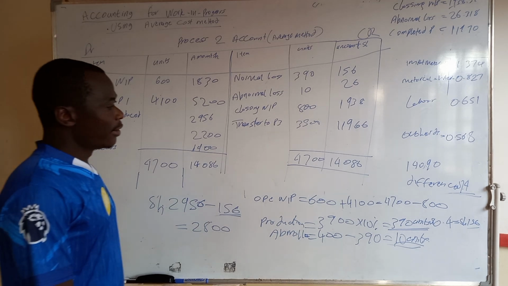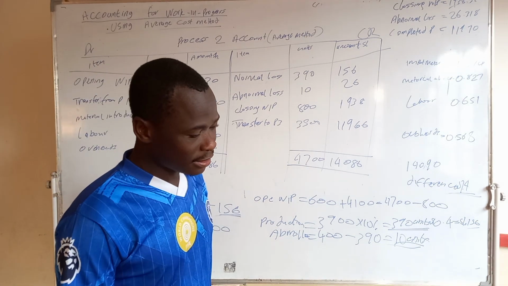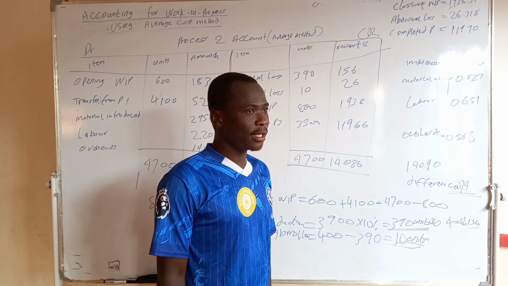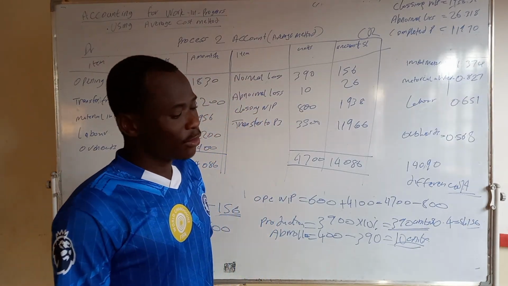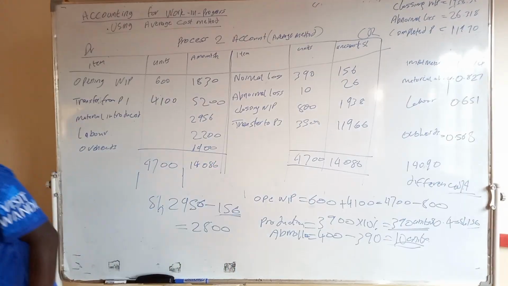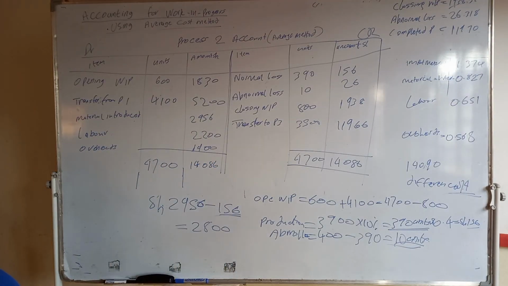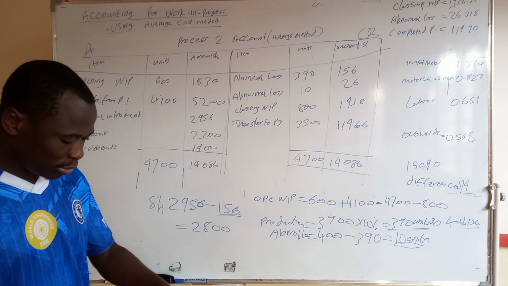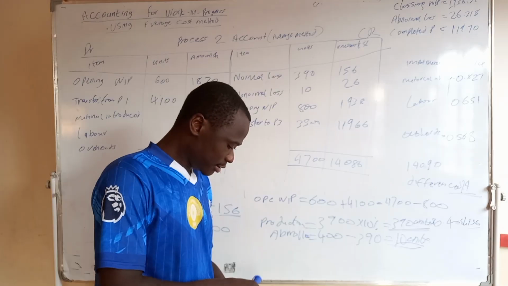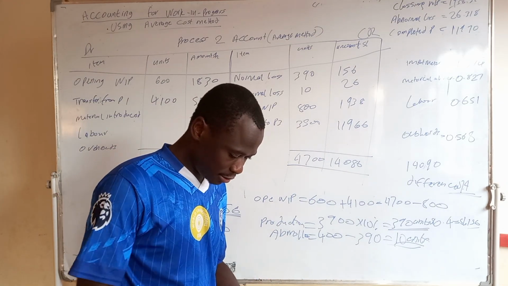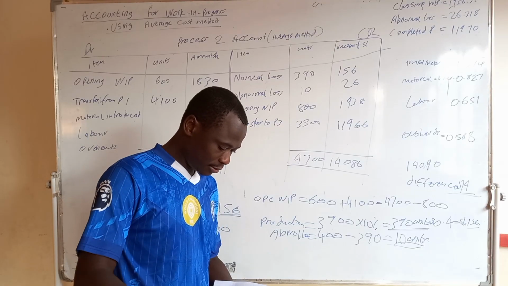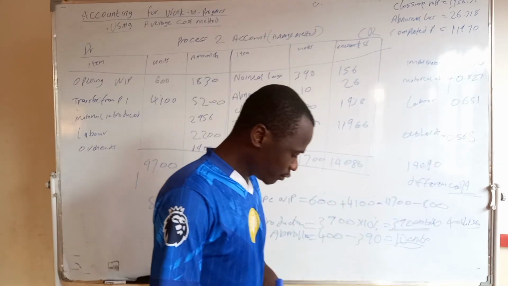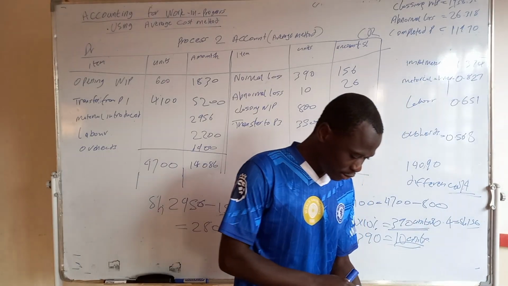Now, in the next class, we are going to discuss something very simple. We have done accounting for processes and work in progress.